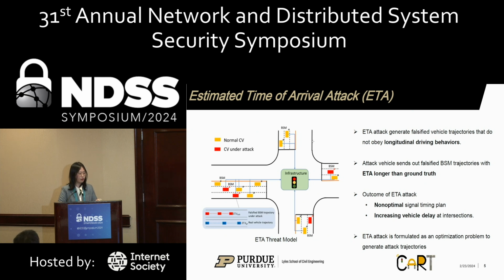The vehicle's actual trajectory is following the blue curve, but it is sending out a falsified trajectory indicating that it will arrive at the intersection maybe 3 or 5 seconds later. And that will lead the vehicle to brake even though there's no leading vehicle in front of it. Normally we don't do that in normal driving.